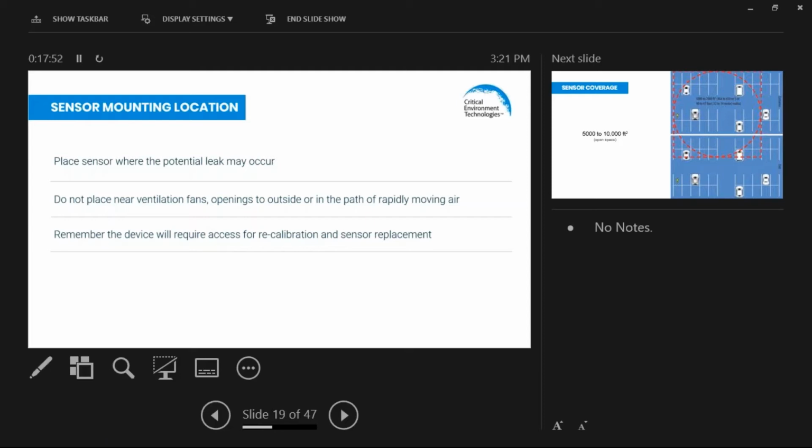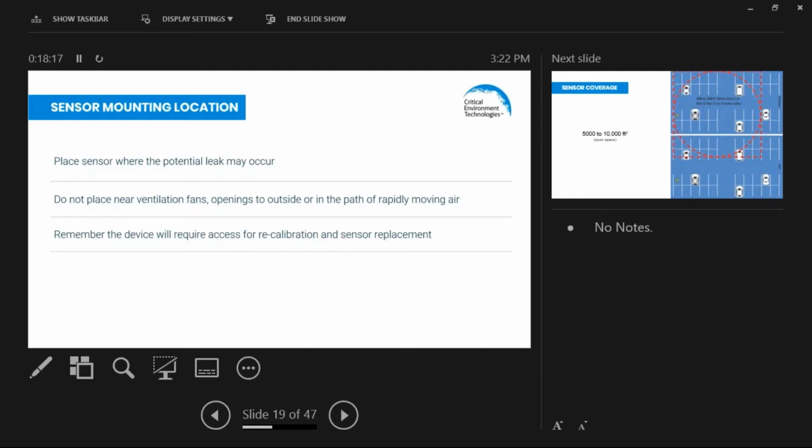You're going to try and keep your sensors away from ventilation fans or intake louvers, because you don't want to trick the sensor by showing it fresh air when in reality the rest of the envelope may still have a certain amount of target gas concentration, and it's only seeing the fresh air coming in from the outdoors.